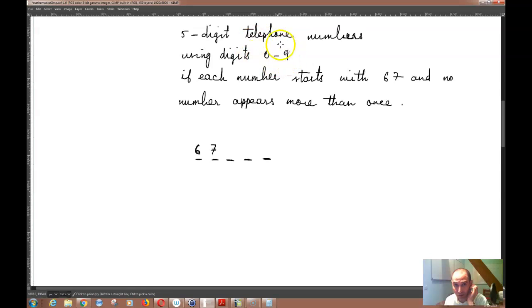So I'm going to then be left with 8 digits here. So I have 8 ways of filling this placeholder, and then any digit that I use here, I'm not supposed to use it here. So then that would be 7 and 6 ways of filling these three placeholders.